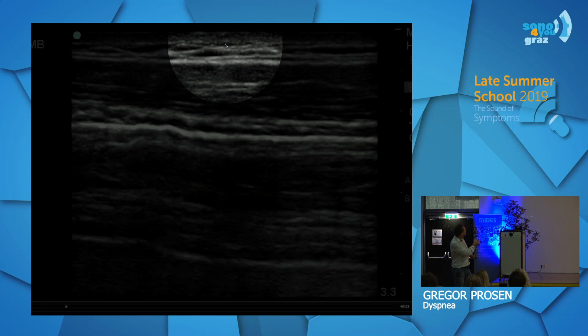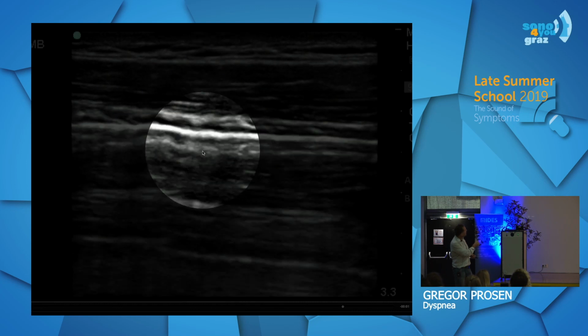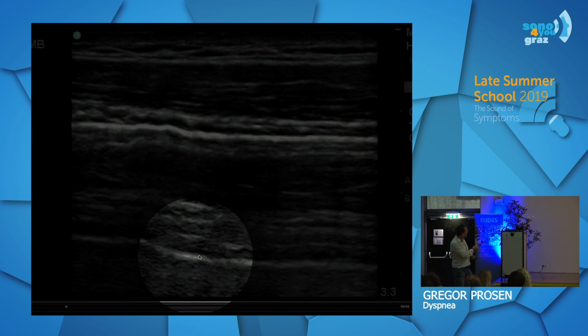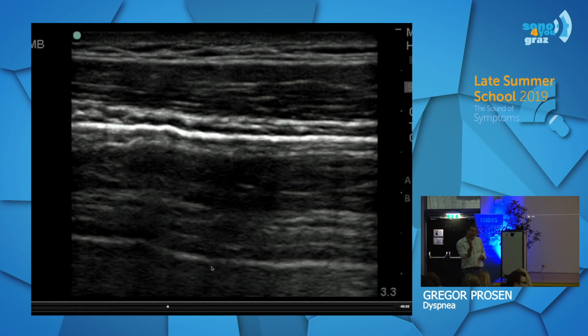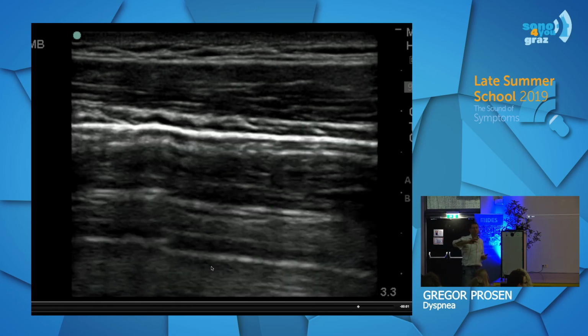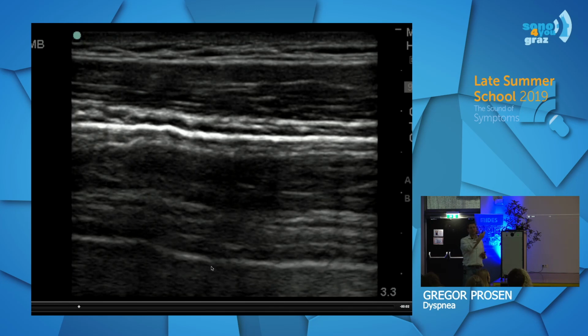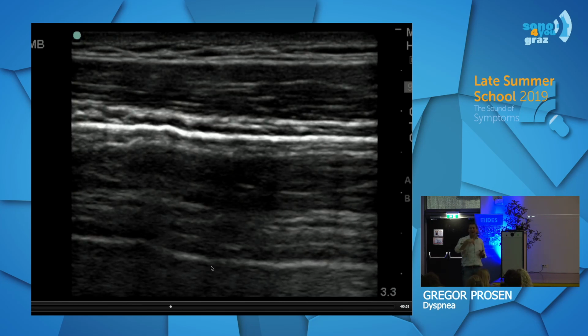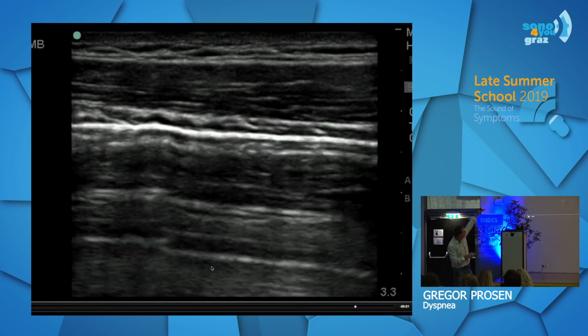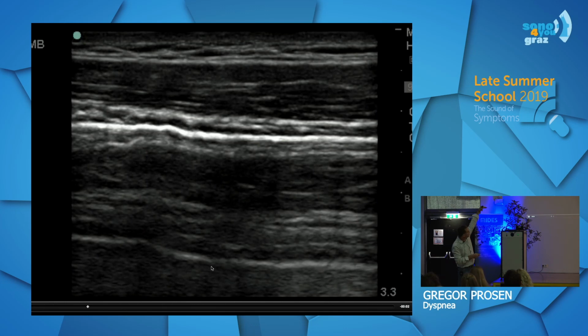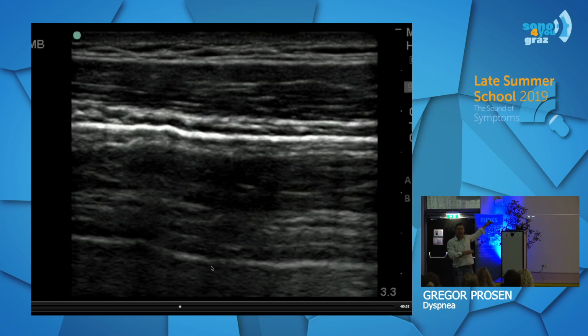This is the distance between the subcutaneous tissue, the dermis and the pleural line, and the same distance down to the A line. On top of that, the image also shows mirror artifact, because this is a linear probe, a high frequency probe, which shows all the structures down to the pleural line and then mirrors across the pleural line.